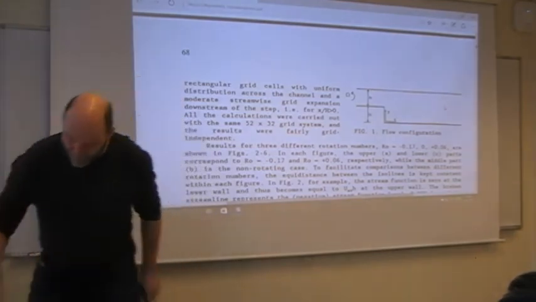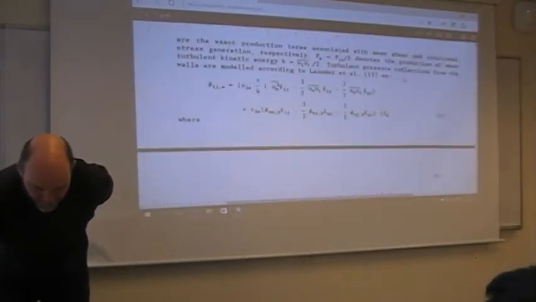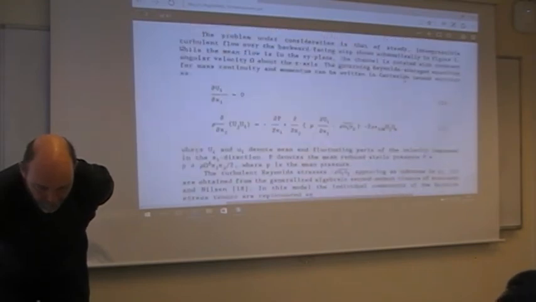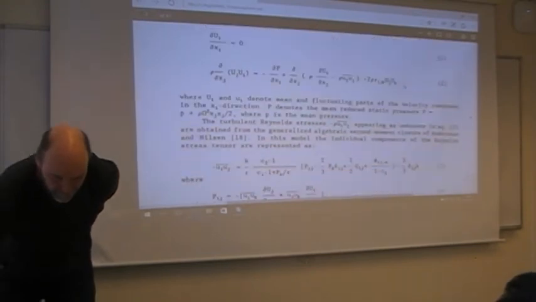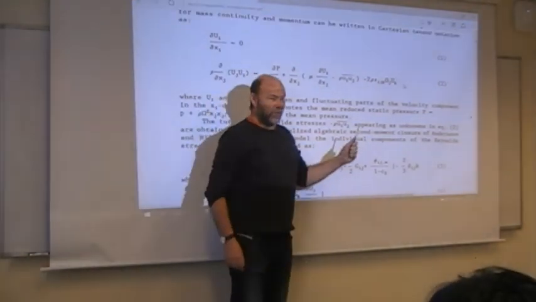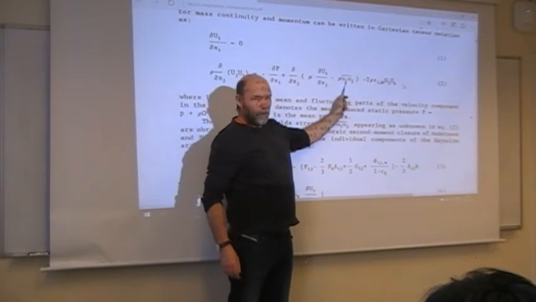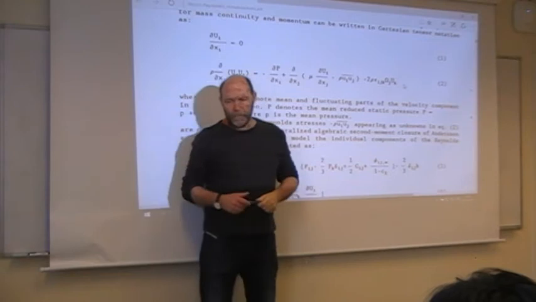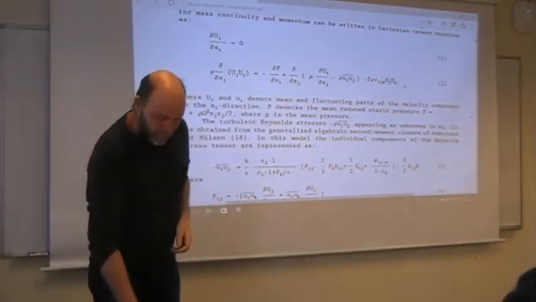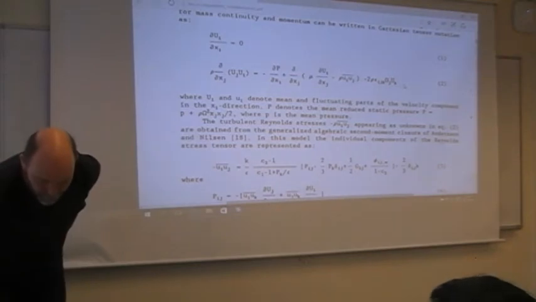In this article, they then fight this problem with an ASM. If you can recall, a full Reynolds stress model, an RSM, is where you have separate transport equations for all the different Reynolds stresses. And an ASM was sort of a little extension of the standard K epsilon.